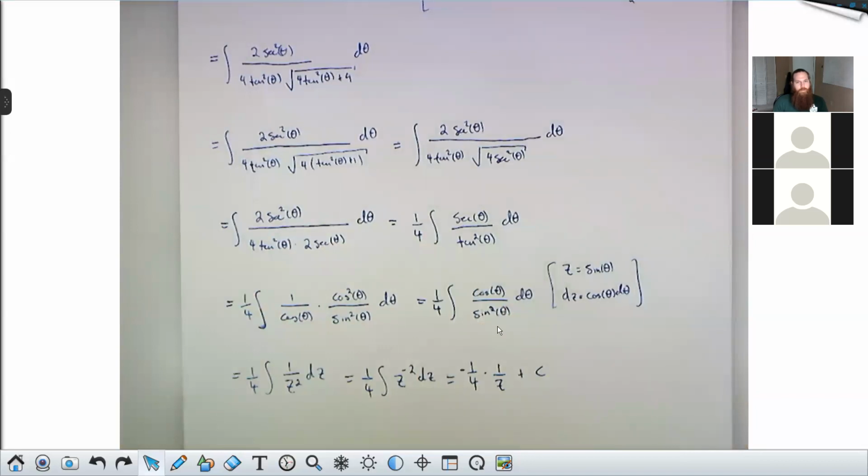I'm not sure if a double angle formula would be helpful there. The other option is to write this as cosecant times cotangent. That's the other thing that I see here. So 1 over sine is cosecant, cosine over sine is cotangent. So you could rewrite this as cosecant times cotangent, and that would also give you your integral.